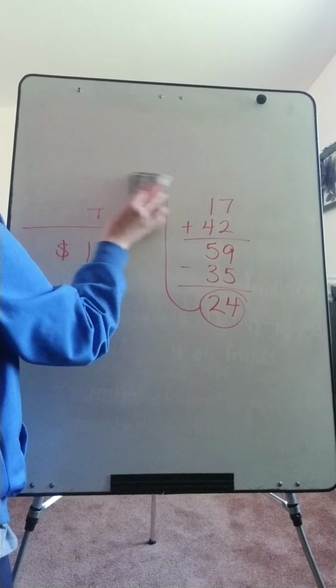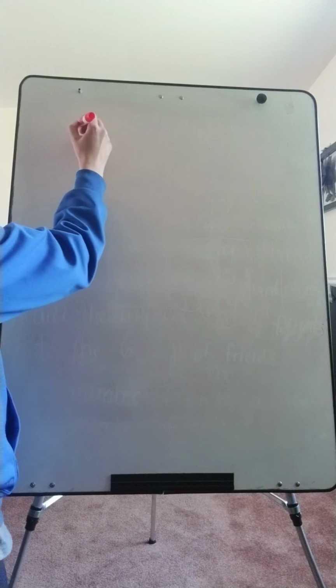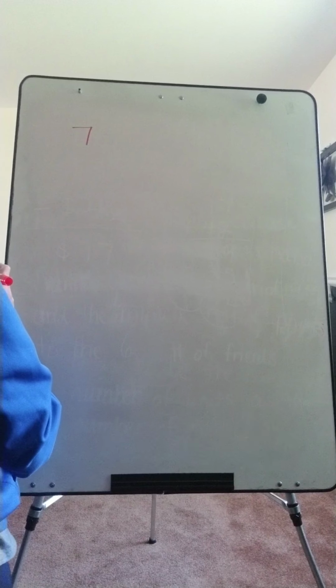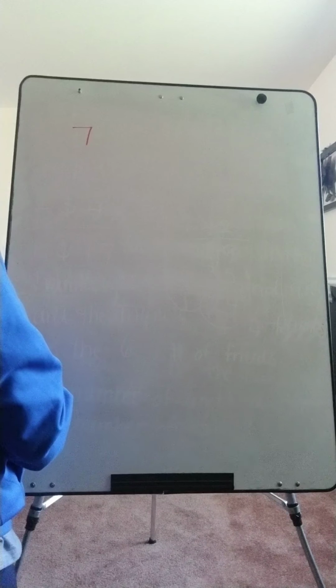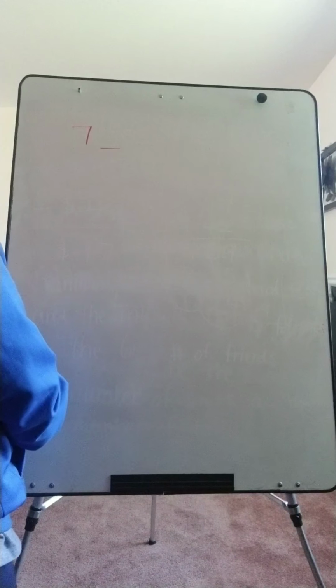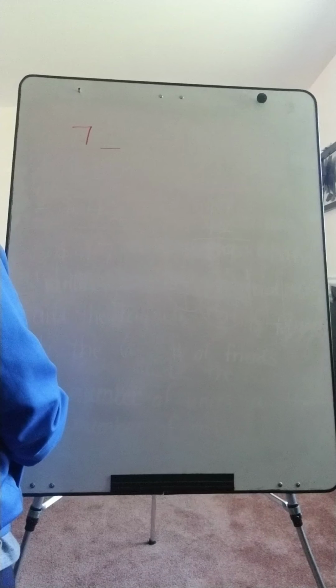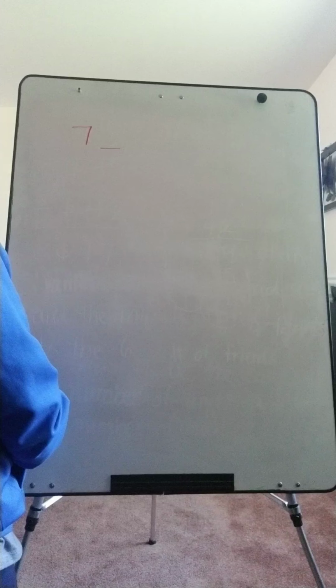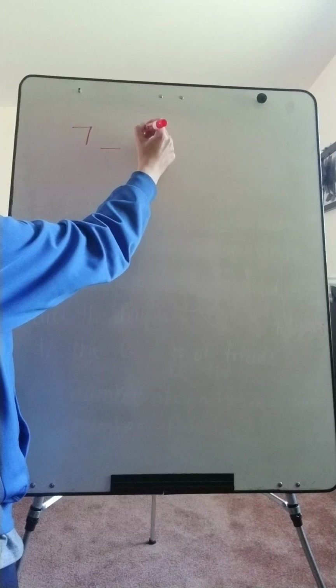Okay, so we know that the hundreds place is a 7. And it tells us that the tens place is an odd number. And the ones place is 3 less than the hundreds digit. So 7 minus 3 is 4.